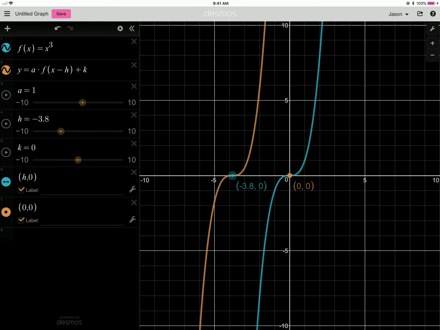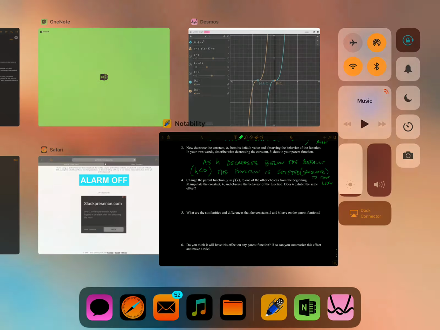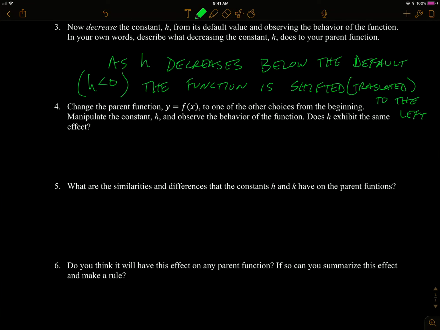It's got a horizontal effect. So if we change the parent function, does h have the same effect? Yes. It still has a horizontal effect of a translation.